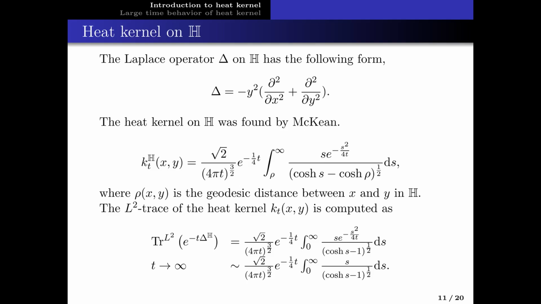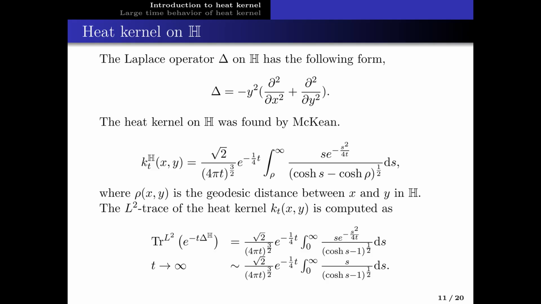We had some half integer power of t, like what we saw for the real line. But now the interesting new phenomenon is this exponential of minus t over four. This suggests that our Laplace operator has a spectral gap. So this is something like the smallest positive eigenvalue.